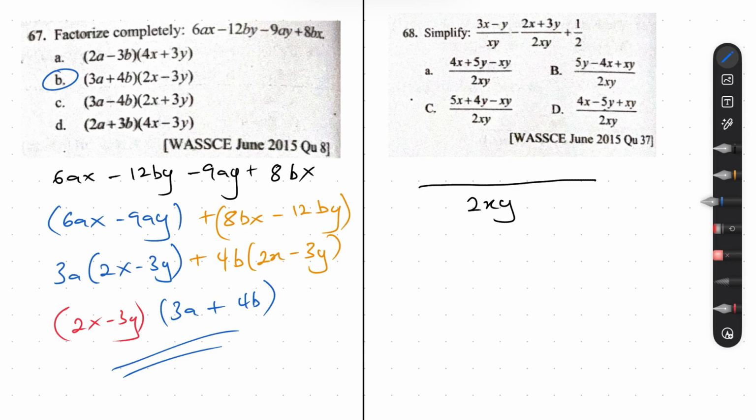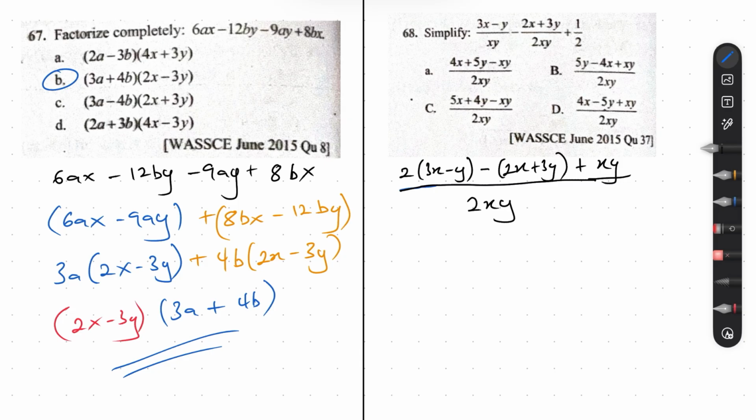So we are going to have 2 multiplying 3x minus y minus 2x plus 3y plus xy.